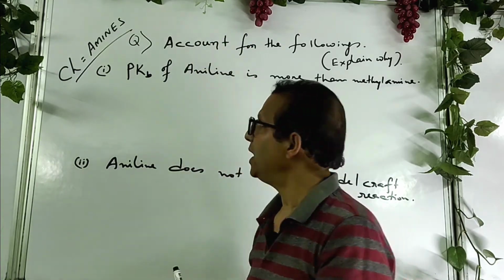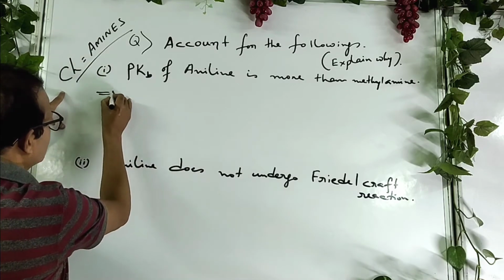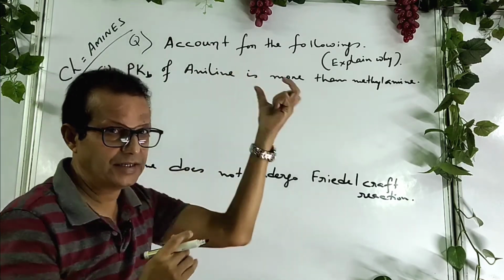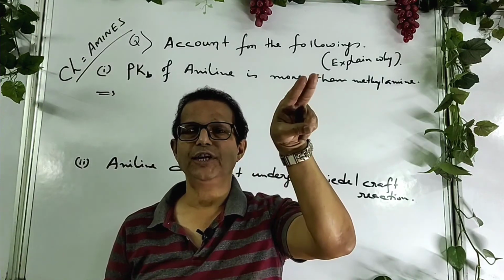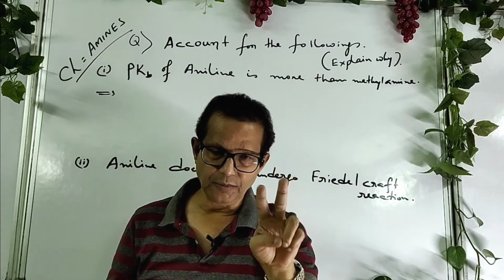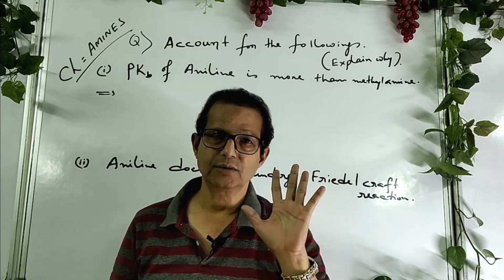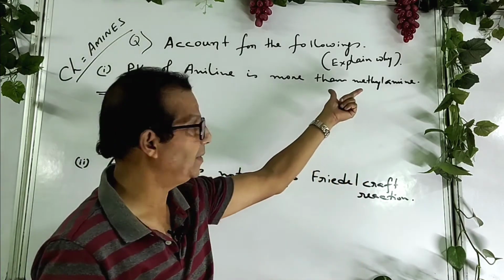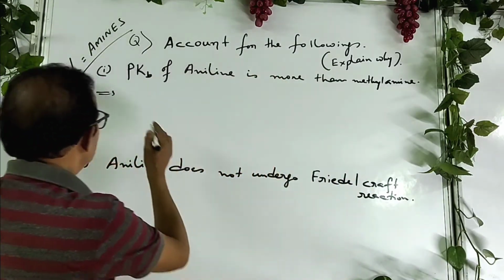Now, you know that in aniline there is a benzene ring. Benzene ring attracts electrons from the nitrogen atom, so the density of electrons on nitrogen decreases. So basicity decreases. That's why aniline is less basic than methylamine. So pKb is high. Now what is the answer?